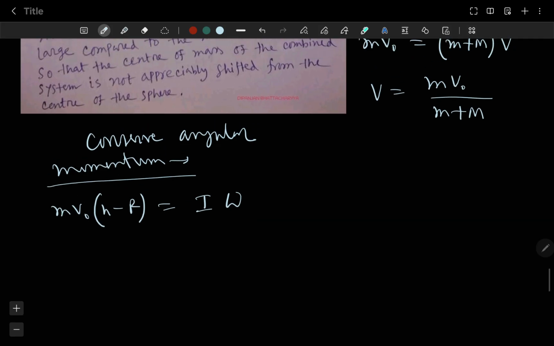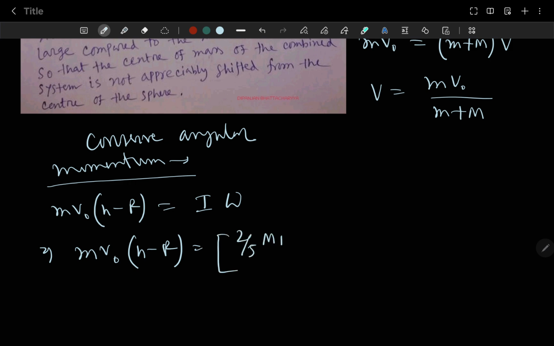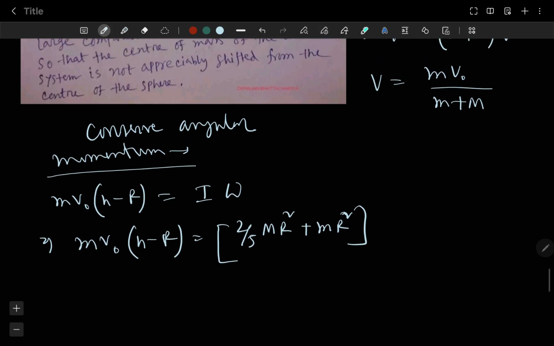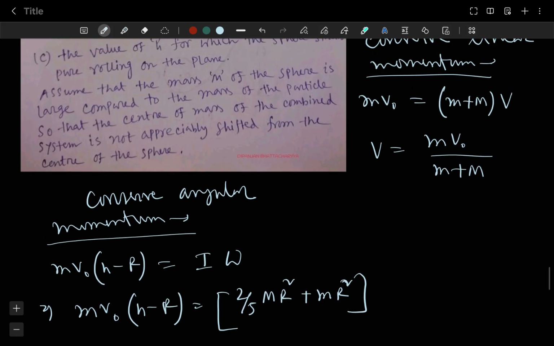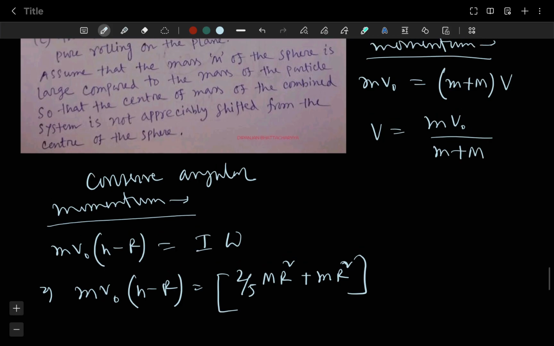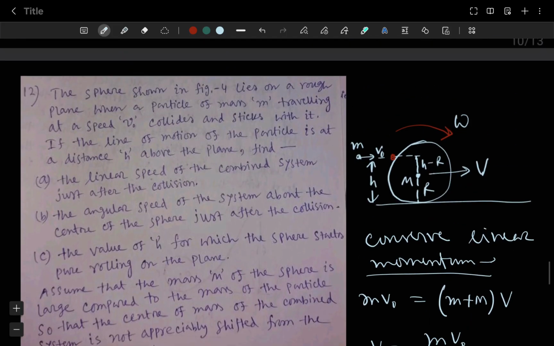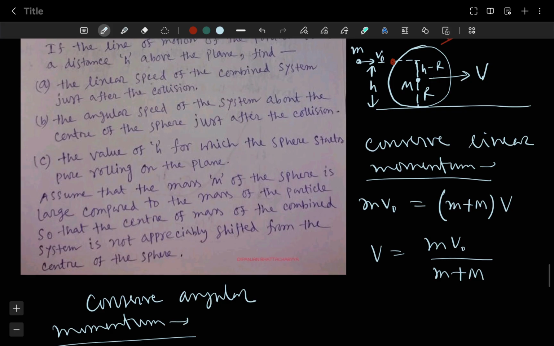Now it's very easy to calculate. I, we know, is 2 by 5 capital M r square plus, this is a point object small m, about the center it has distance r. So it will be m r squared simply. From the center it has perpendicular distance r.